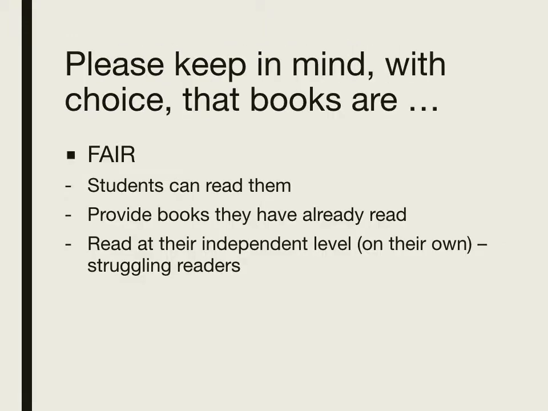Although choice is great, we need to keep in mind that the books that are chosen are fair for our students who are struggling. What that means is that our students can read them and they're based on previously taught concepts. This is especially important when they are left to read them independently.